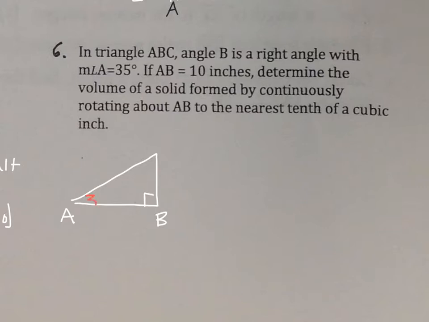So I'm taking my time trying to make a picture that looks pretty accurate. Point C would have to be here. And it says AB is worth 10 inches.